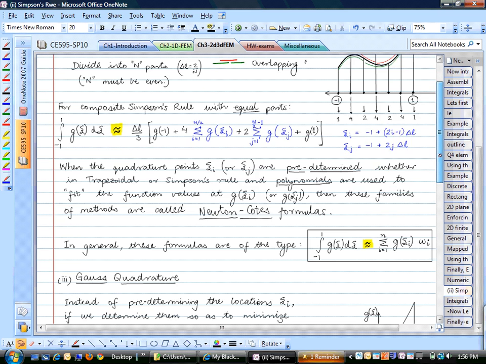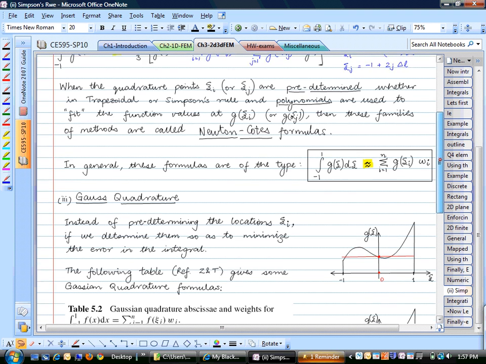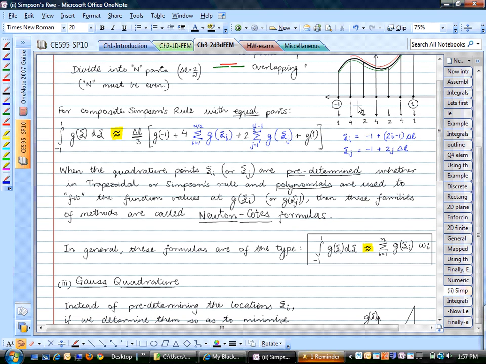Using this logic, Gauss came up with another integration scheme where he said, let me not choose all these points a priori. Let me not choose these points beforehand and then fit a polynomial through them. Let's have two types of independent parameters: the location Ci and the weight. In this case all these locations were fixed.